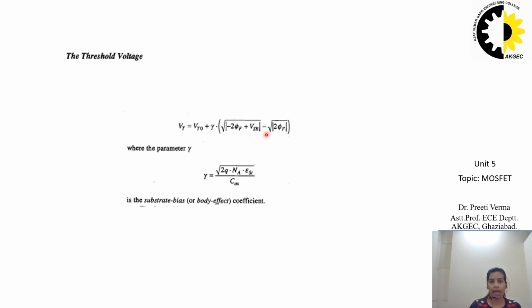We have some value of VSB, and the threshold voltage will vary according to the variation of VSB and becomes variable with the substrate bias voltage. The variation of the threshold voltage with VSB is called the substrate bias effect, and gamma is called the body effect coefficient.